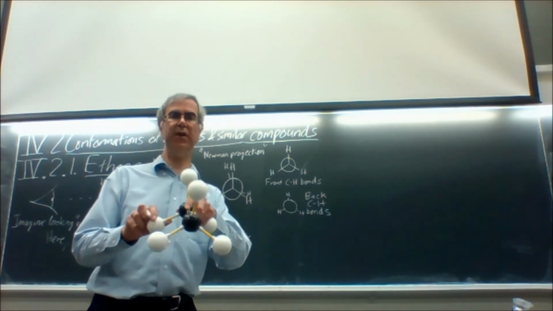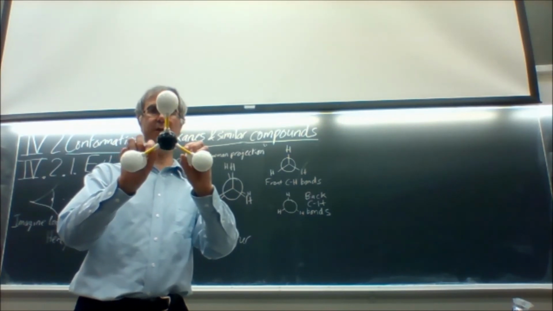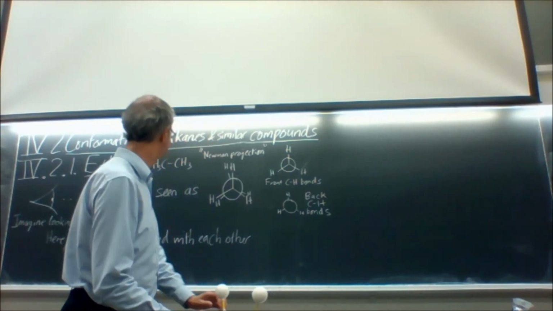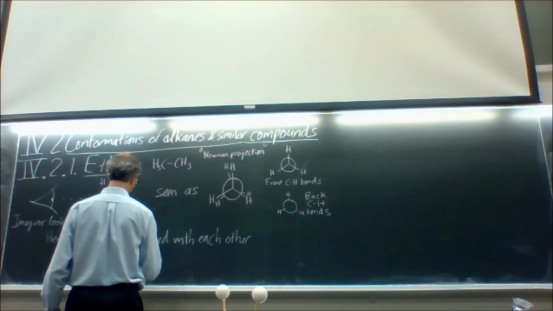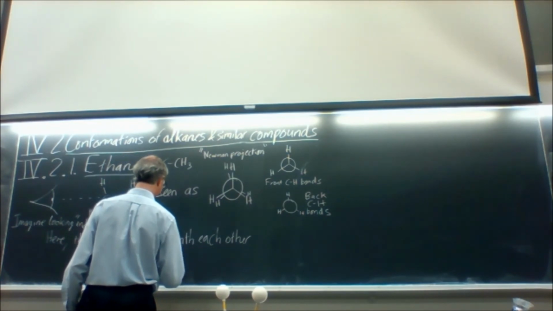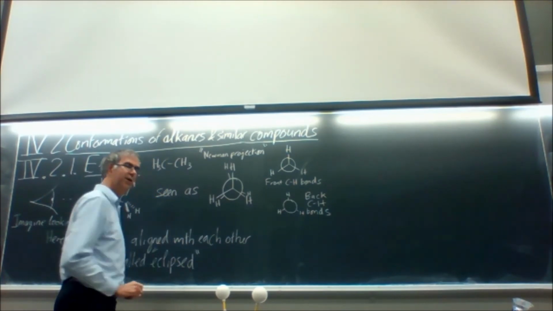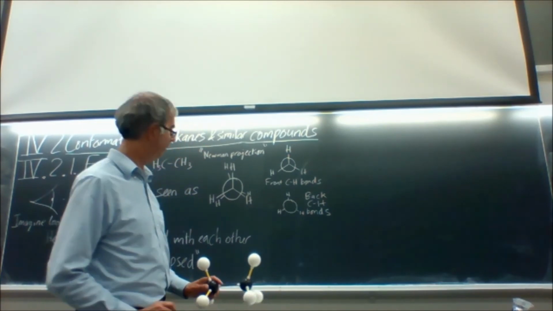So here you can see, as we look along the bond, the H's are all aligned with each other, and we call that an eclipsed form. Or an eclipsed conformation.